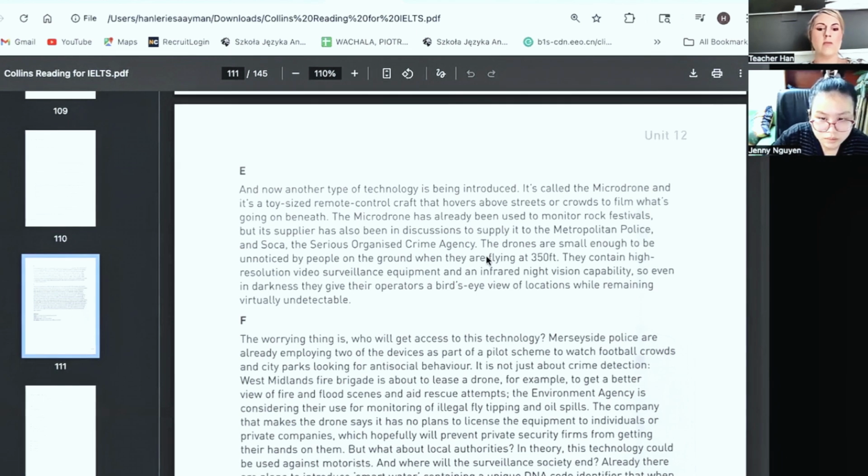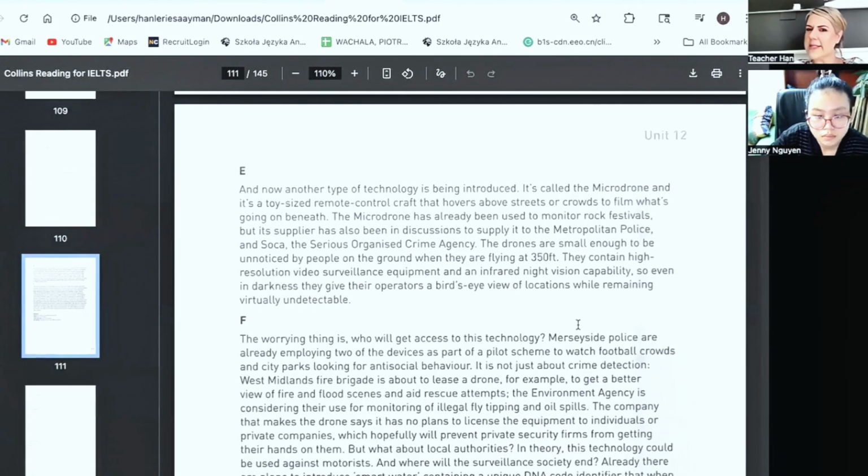The drones are small enough to be unnoticed by people on the ground when flying at 350 feet. They contain high-resolution video and surveillance equipment and an infinite night vision capability. So even in the darkness, they give their operators a bird's-eye view of a location while remaining virtually undetectable.